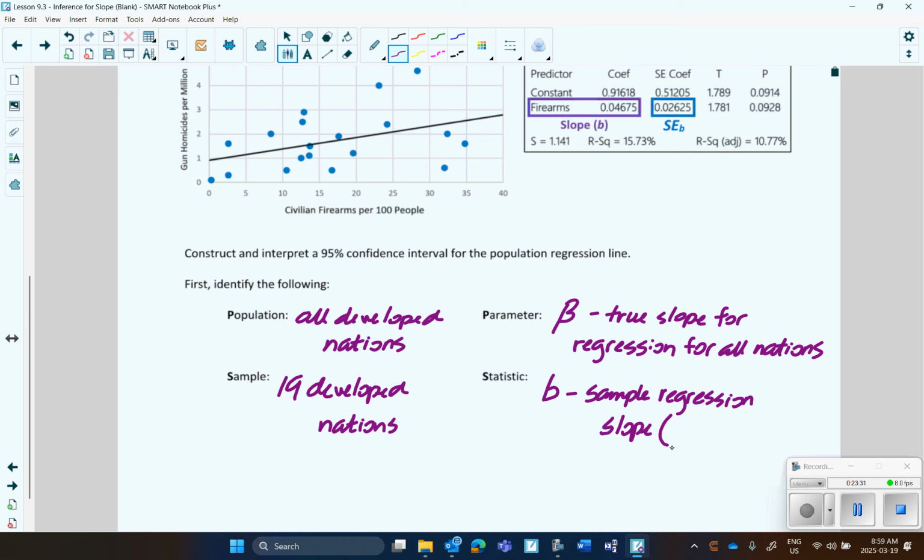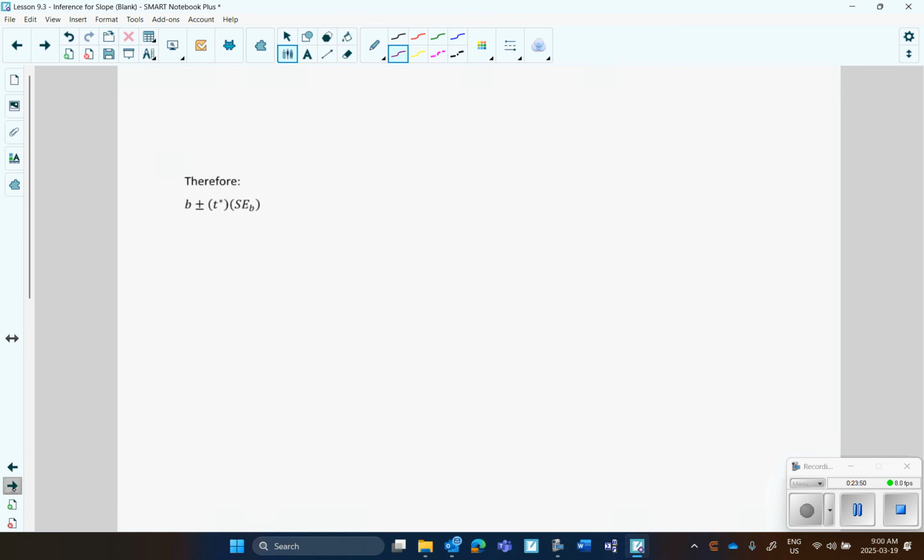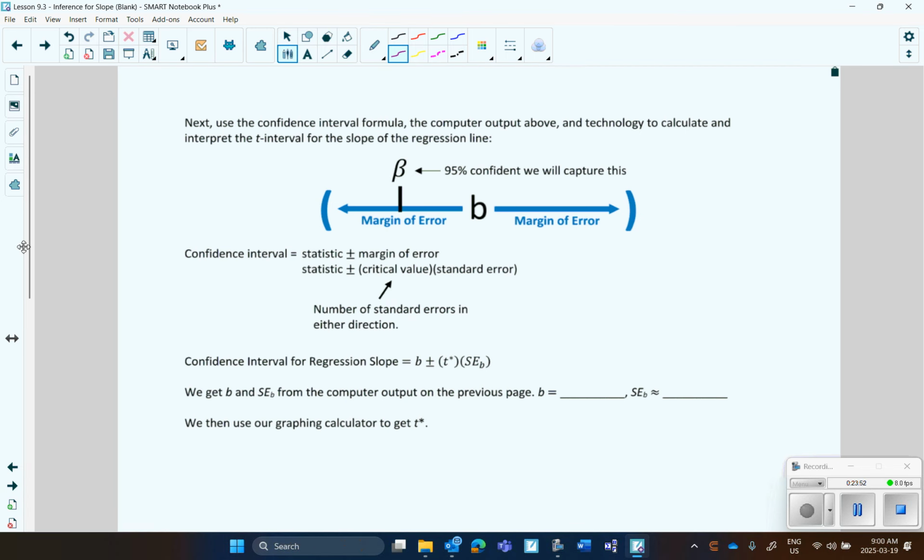Remember, that was 0.04675. So we're recalling what a confidence interval is. Remember, we take our sample statistic.